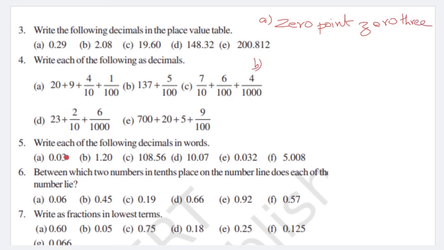Second one, 1.2. Because 0 is there, that also you are saying, 1.20. The next one is 108.856.